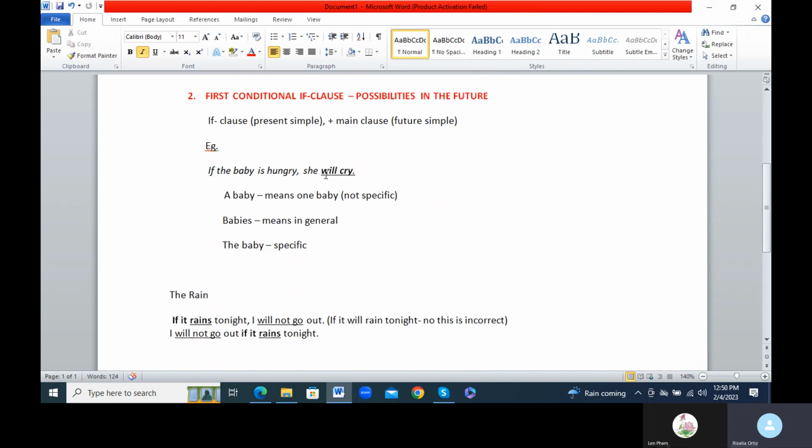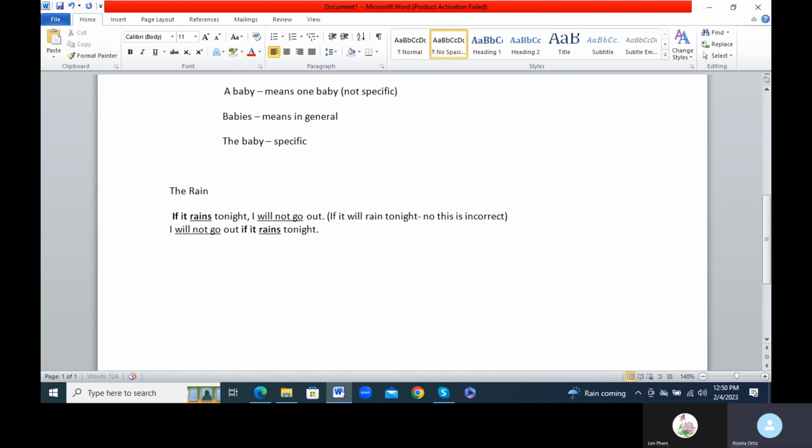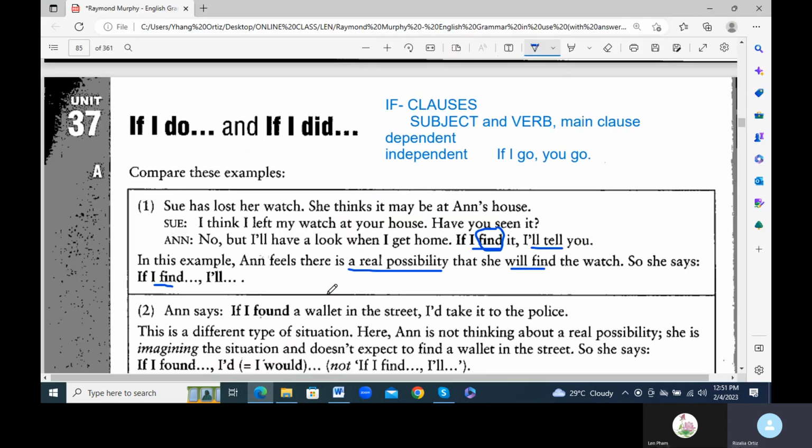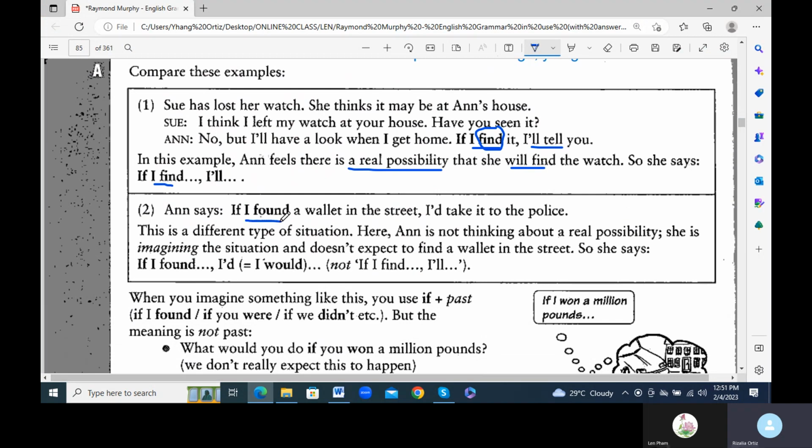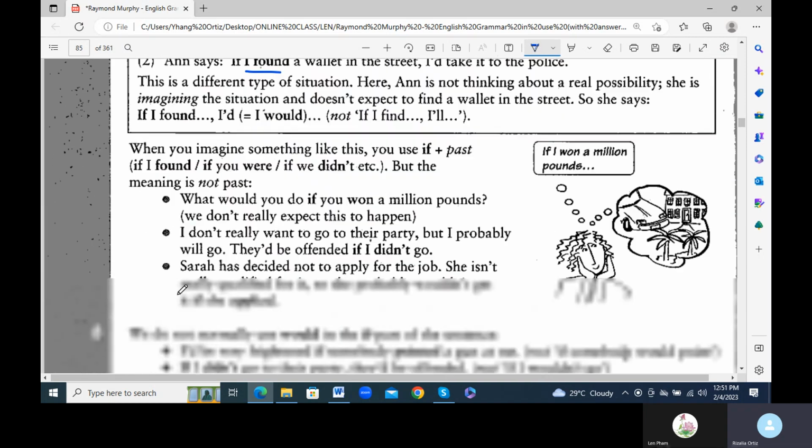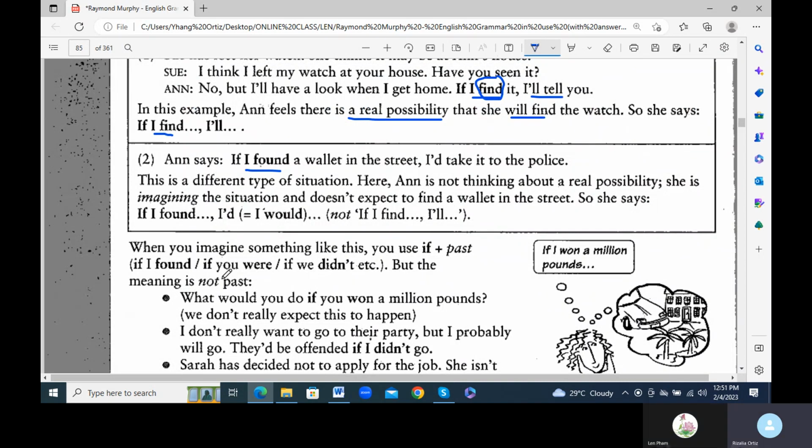So in our next lesson, Len, we are going to learn the next type of if clauses, and that's the second conditional clause. But I think before we go to the second conditional clauses, we need to practice with exercises. Yes, that's why in our next class, we are going to do exercises, and we are going to study second conditional if clauses, because in the book the second conditional clause will be discussed in the second example. So we will separate them and stop here.